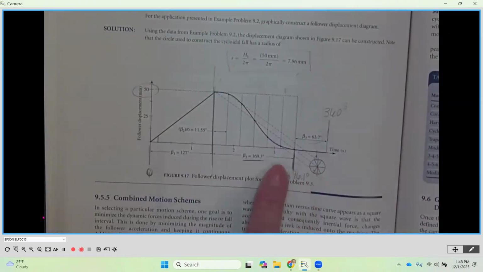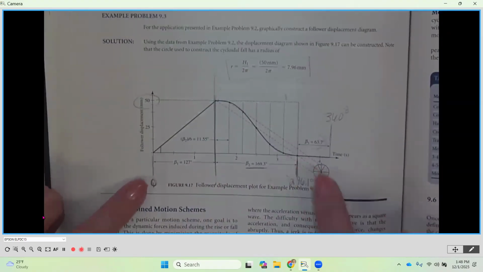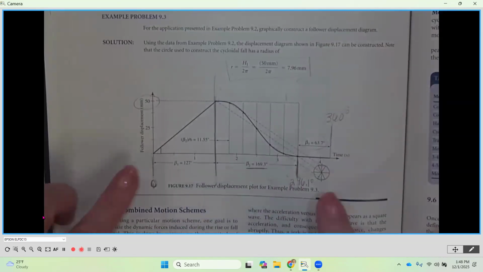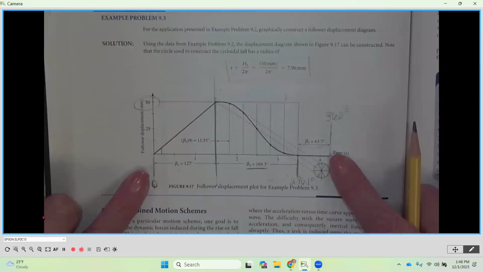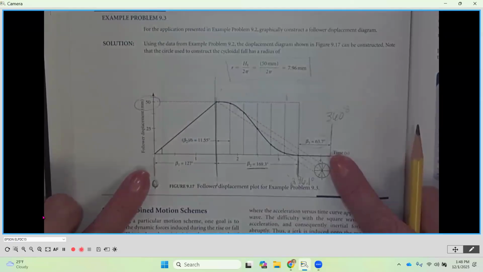We start at 0, we end at 50, and we break this down into 127 degrees. Now, to get the 127 and how far that would be, we know that this distance is 150 millimeters, right? We want to know how many millimeters is 1 degree, right? Does that make sense?